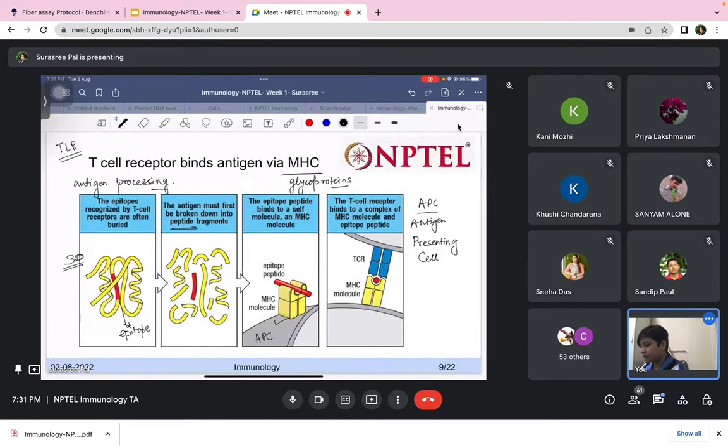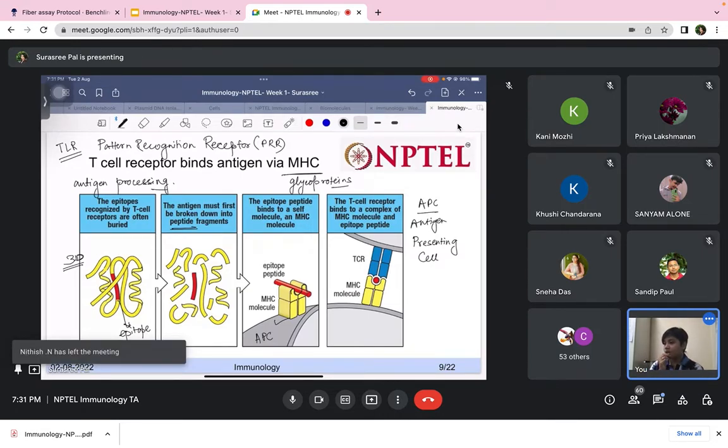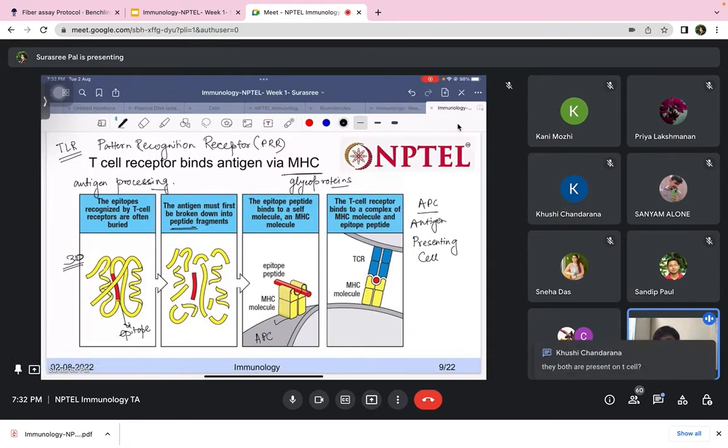TLR is a pattern recognition receptor, or often called PRR as an abbreviation. No, both of them are not present on T cell. TLRs are present on the macrophages, right, and some of the antigen presenting cells. And remember, this is involved in the innate immune system.